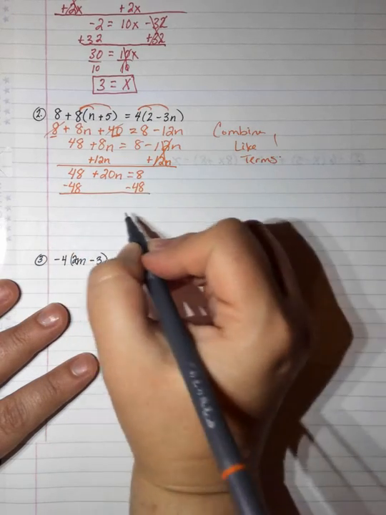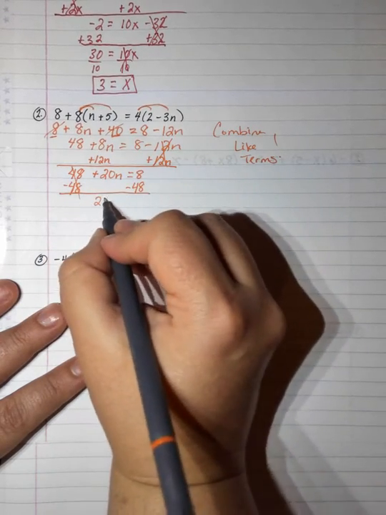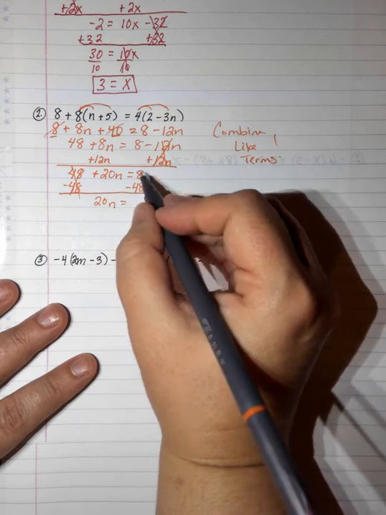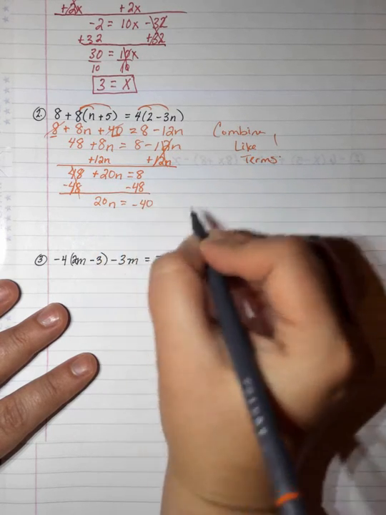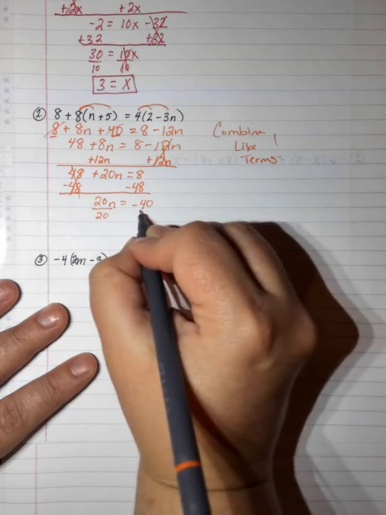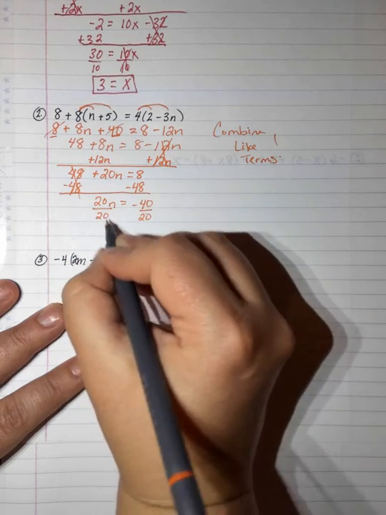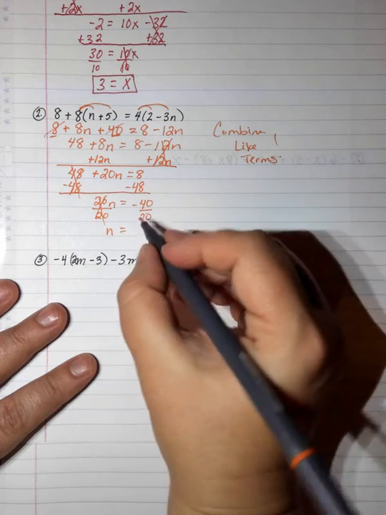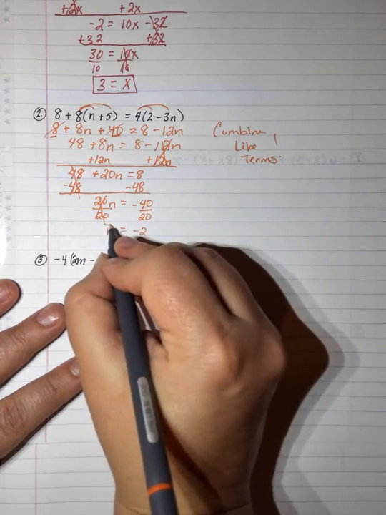I'm trying to get my 20n by itself. So 20n equals 8 minus 48. Be careful with your signs. 8 minus 48 is a -40. Then I divide again by the coefficient, the number in front of your variable. And so I get n to equal negative 40 divided by 20, which is a negative 2.